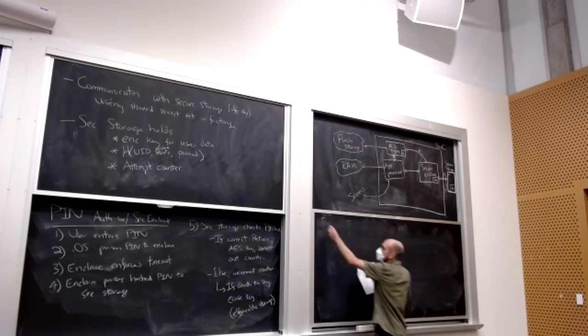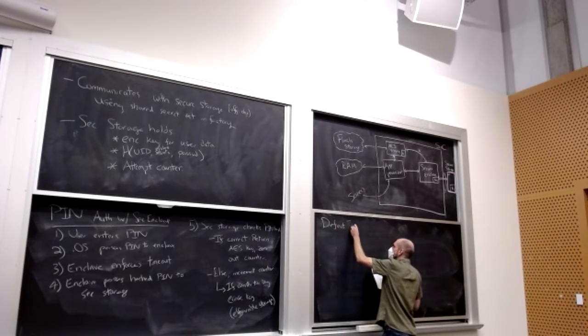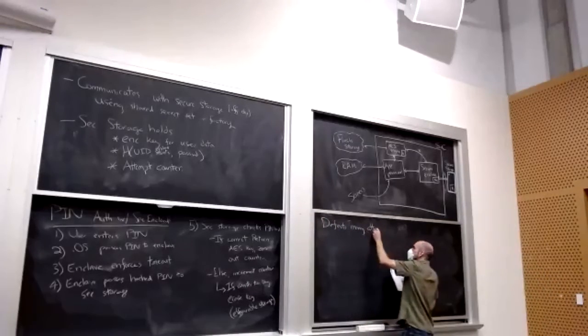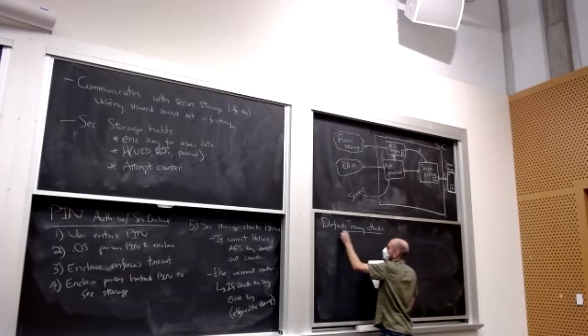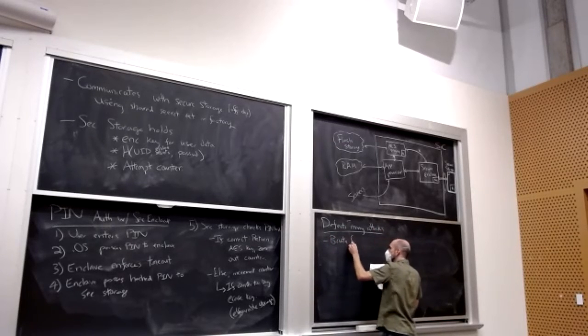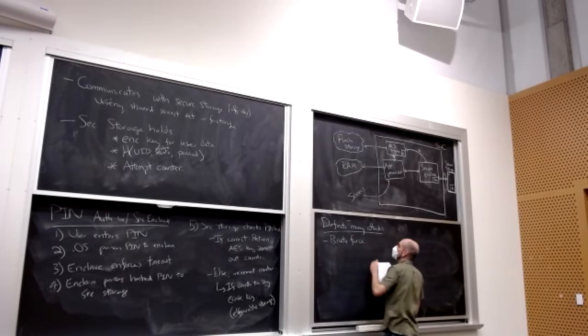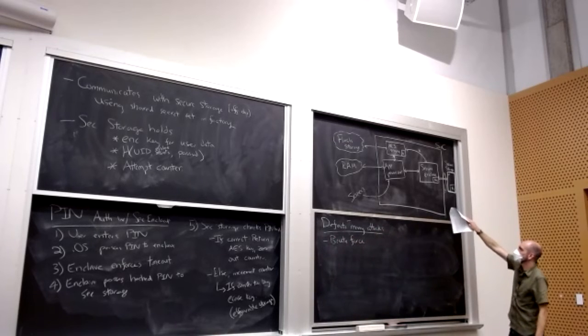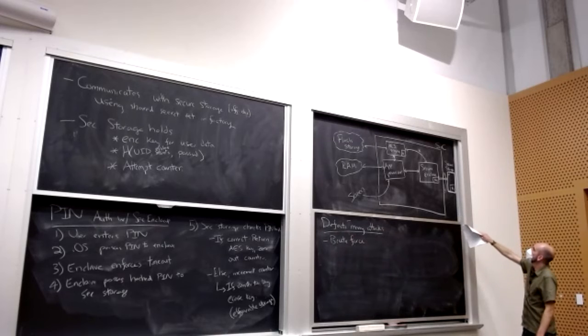So, okay, so let's see. This defeats many attacks that you might try. So let's just check that some of these attacks don't work. So brute force pin guessing attack. What's going to happen if you, say, compromise the application processor completely?